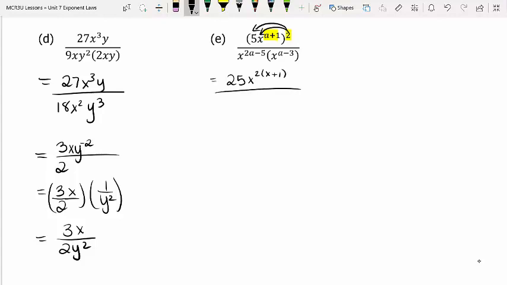Okay, now in our denominator, we're going to use our product rule because we're multiplying two powers with the same base. So we keep the base, and then we're going to add the two exponents together. Okay, now let's simplify those exponents in both the numerator and the denominator.